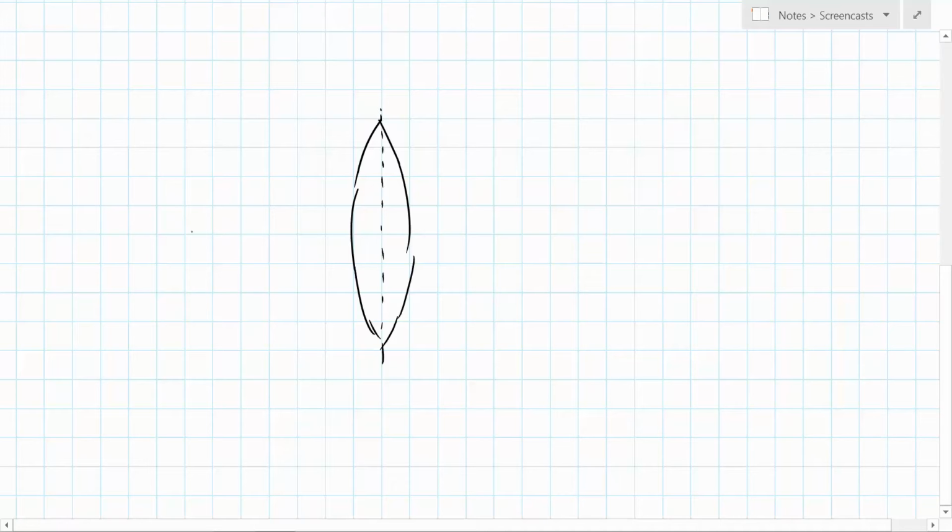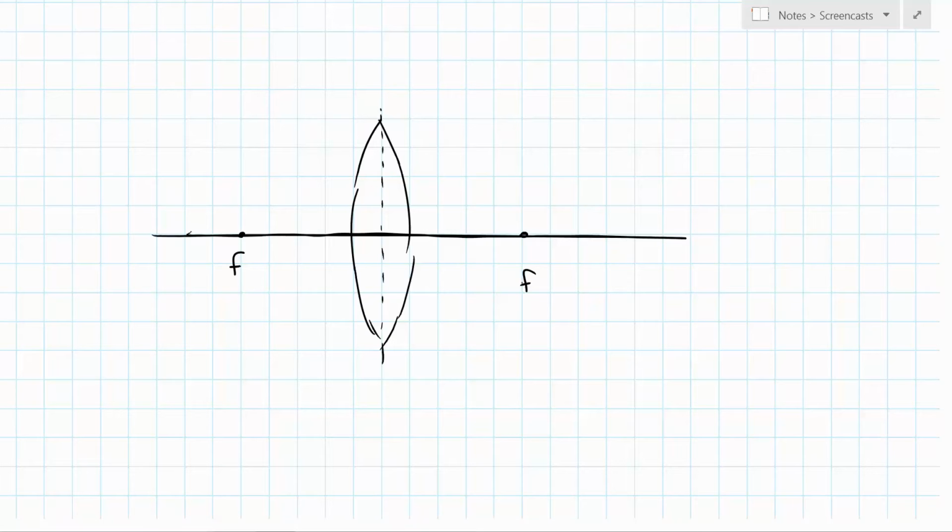We'll draw a principal axis and put some focal points: 1, 2, 3, 4, 5 boxes away on either side, because with lenses there's not as obvious a real side and a virtual side as there was with mirrors. Let's put an object hanging out here, about 2 boxes away.